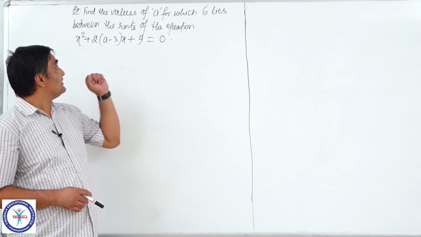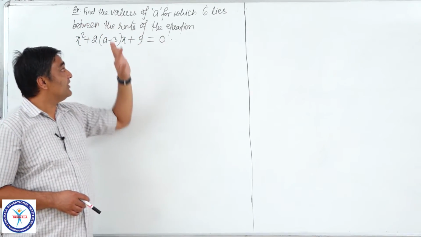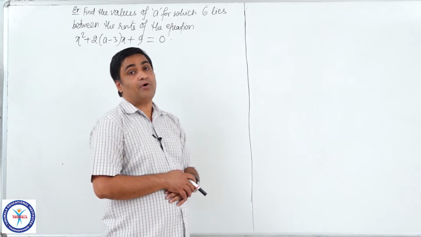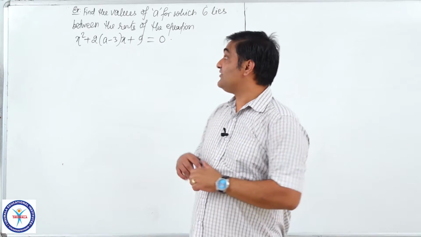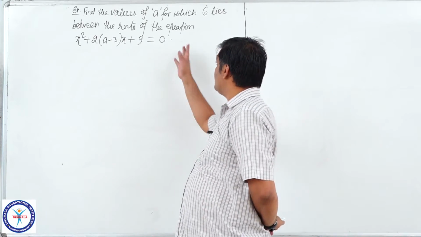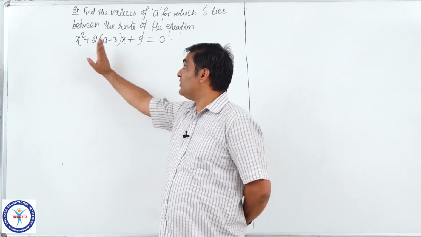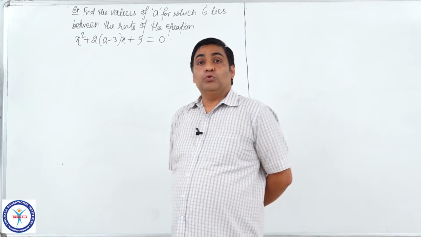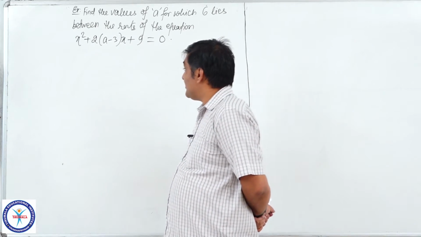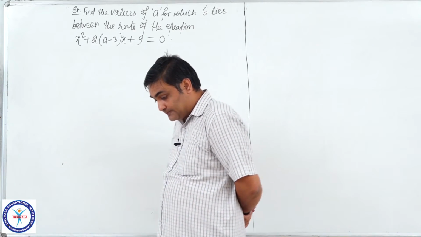Now another example. Find the values of a for which 6 lies between the roots of the equation x² + 2(a−3)x + 9 = 0.